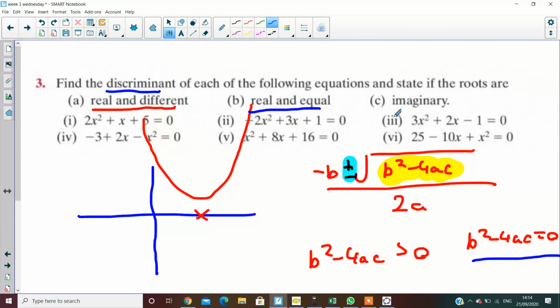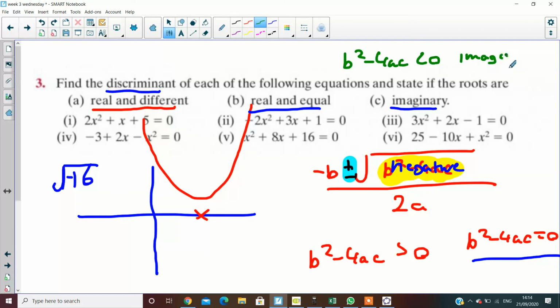And finally, if it's imaginary, what would happen there? This yellow part would be negative, and your calculator would say maths error. That means you cannot get the square root of a negative number currently. Is that right? So if b squared minus 4ac is less than 0, it means imaginary.